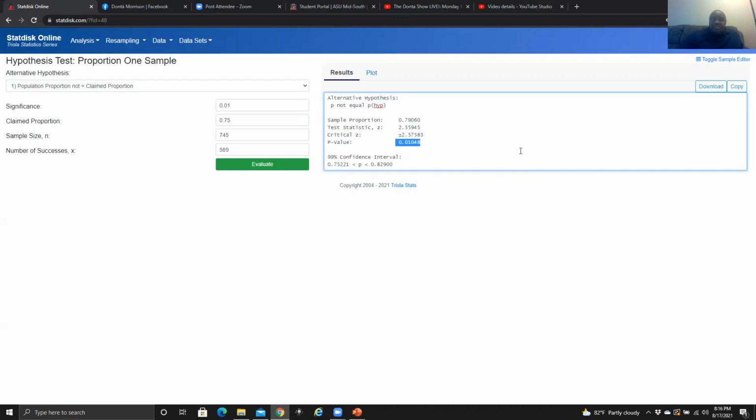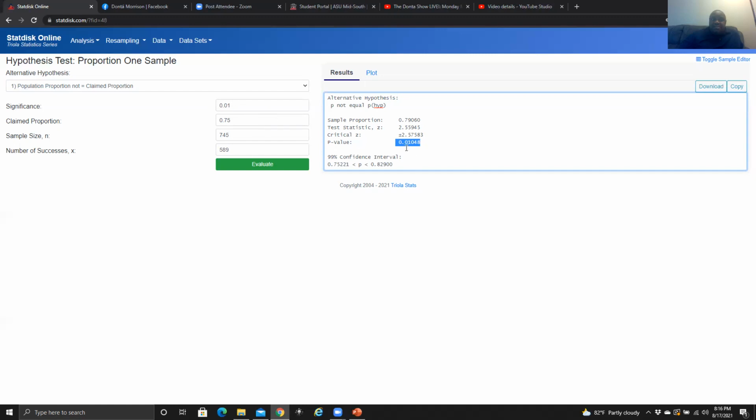And then they're going to ask the question. They're not going to give it to you directly. They want you to come up with the decision of rejecting the null hypothesis or failing to reject the null hypothesis. Now, if you compare the p-value with this level of significance, if your p-value is less than the level of significance 0.01, you're going to reject the null hypothesis.